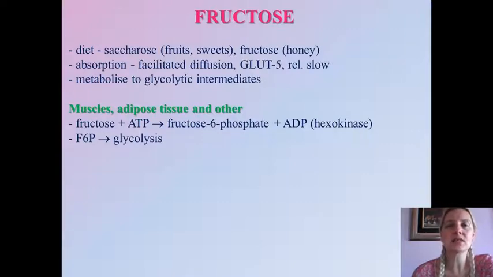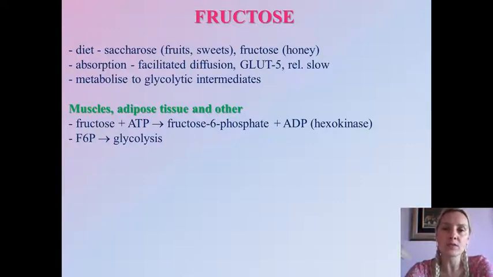Hexokinase is an enzyme which we know a lot about regarding the glycolytic pathway. And if you remember, I have mentioned that hexokinase is the enzyme phosphorylating hexoses. So it's not specific to glucose. Of course, it's the major substrate, but it can phosphorylate other hexoses as well.